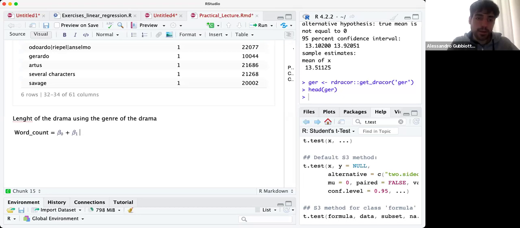The wrong encoding would put here a variable x, and x is equal to 0 if it is a comedy, 1 if it is a tragedy, and 2, for instance, if it is a tragicomedy.